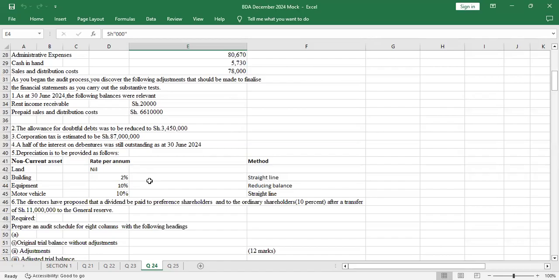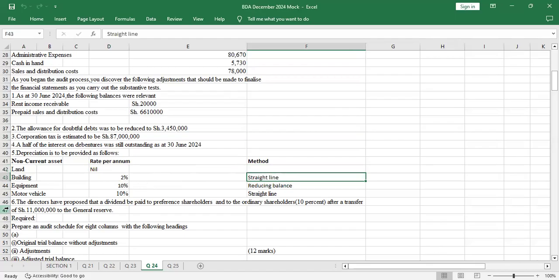Number five, depreciation is to be provided as follows. We have the non-current asset, the rate per annum, and the method. Land has a rate of nil because you can't depreciate land, so there was no method. Building was at the rate of 2% per annum on a straight line basis.